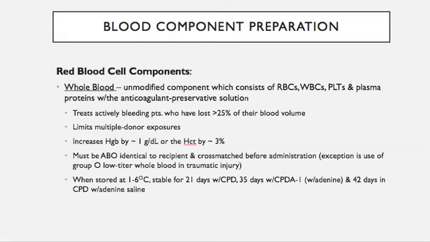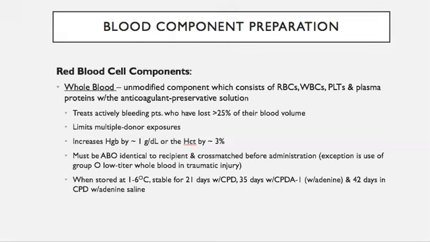Okay, for whole blood, we're going to talk about some red cell component parts now. Whole blood is the unmodified component which consists of red cells, white cells, platelets, and plasma proteins with the anticoagulant preservative solution. We're going to use whole blood to treat actively bleeding patients who have lost more than 25% of their blood volume.